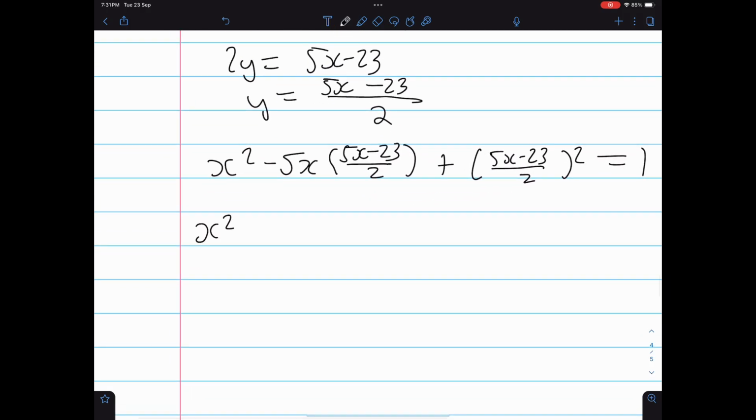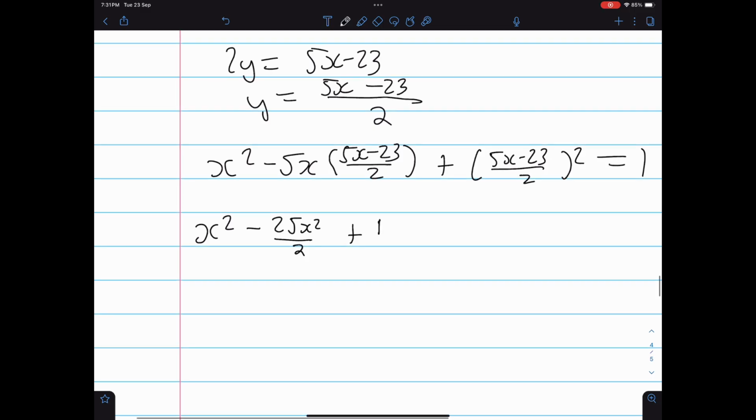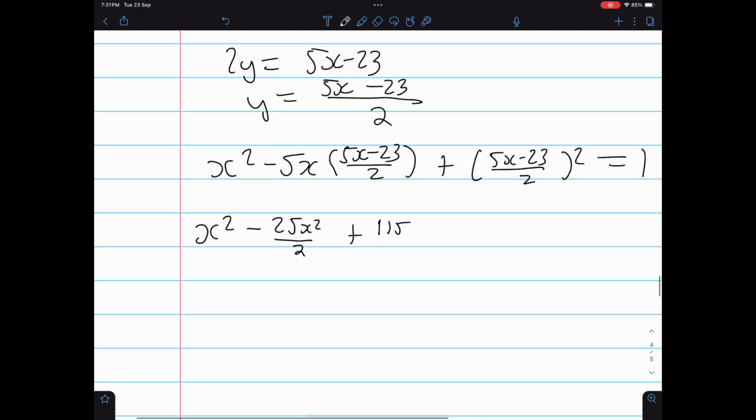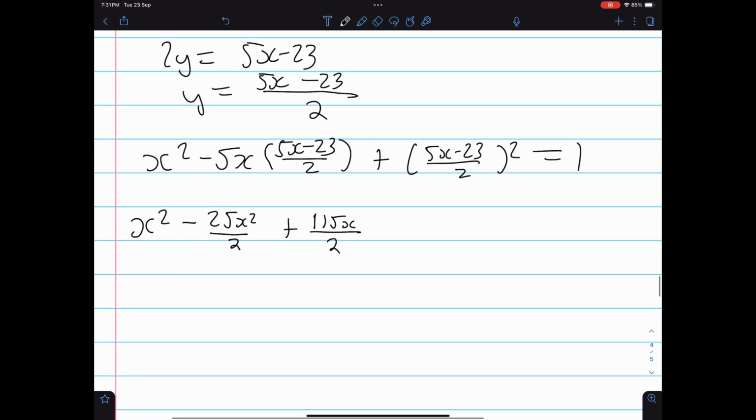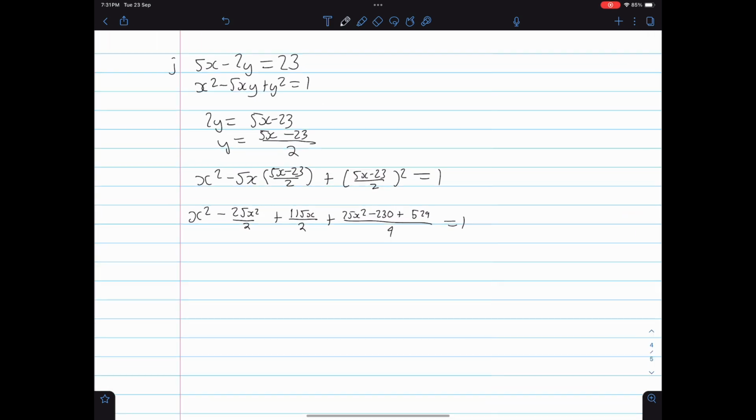And now we need to try and expand this. Five x squared over 4, which is equal to 1.